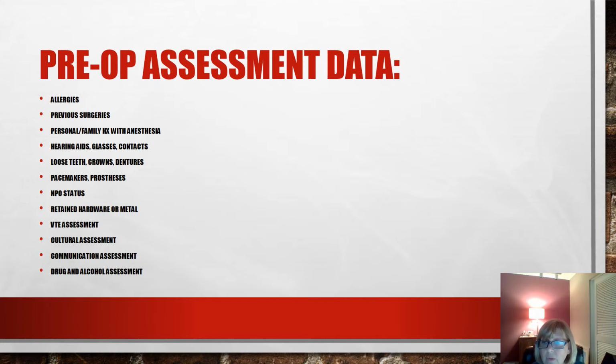Again, this is just to give you an idea of what the anesthesiologist might be able to expect when they go down there. If they've had no problems with it, great. But maybe with the anesthesia, they always get really nauseous afterwards. That gives the anesthesiologist information so that he can medicate the patient so that when they're in the post-op phase, they're a little bit more comfortable.